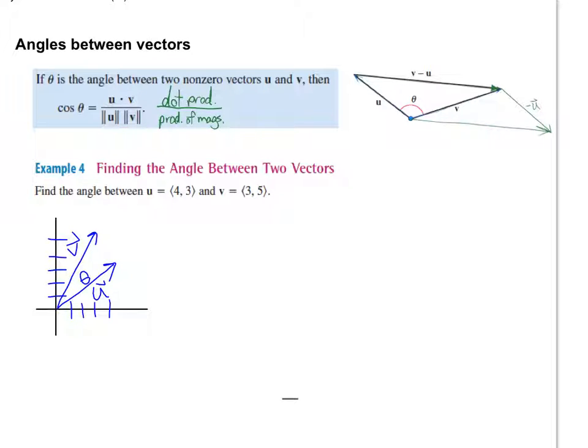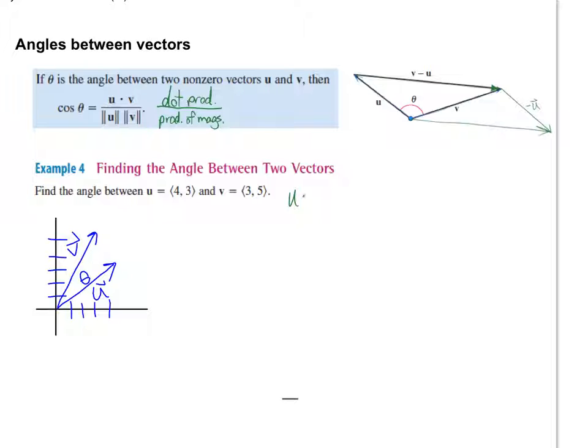So notice here, we have u, which is the vector 4, 3, I've drawn there for you, and v is the vector 3, 5. If I want to find the angle between those, I need to find three things first: the dot product and both of the magnitudes. Let's do that first.